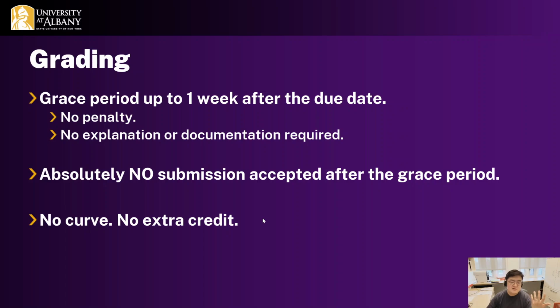Even if I curve grades, the students who are not satisfied remain unsatisfied. And with extra credit opportunities, those students who need extra credits do not get them. So in the end, there is no difference. So I bind my hand. There'll be no curve, no extra credit opportunity, right?